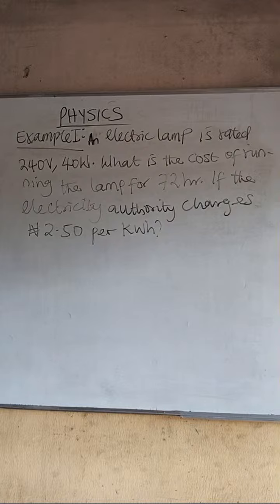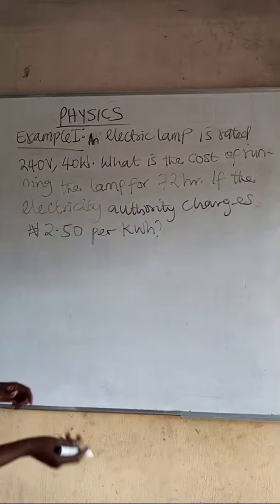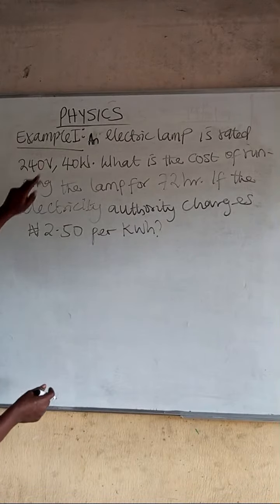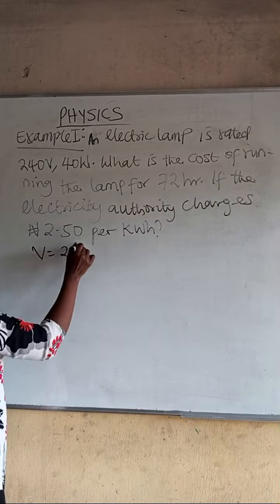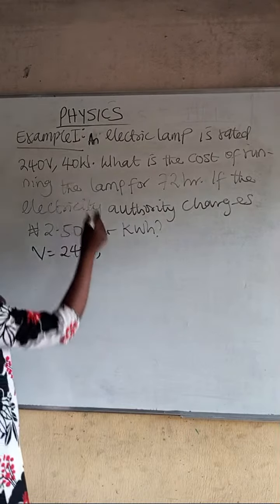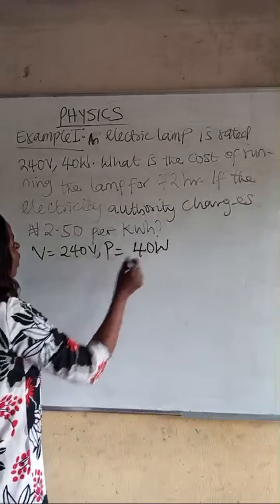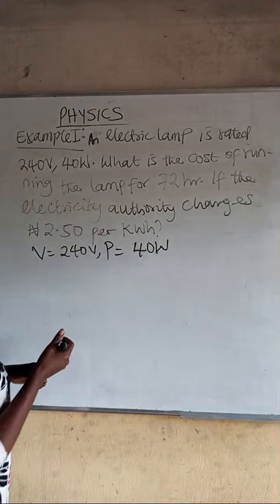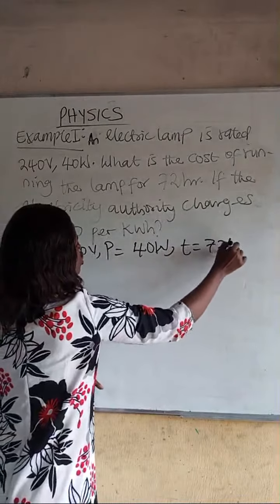The first thing we do is state the parameters given. The potential difference, V, is 240 volts. The power is 40 watts. The time given is 72 hours.